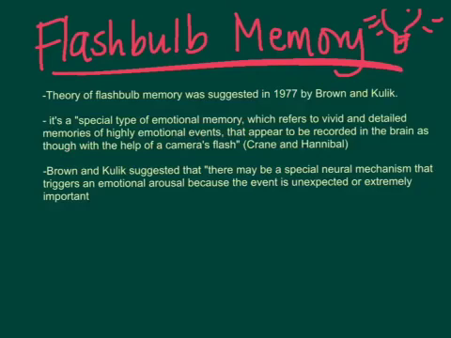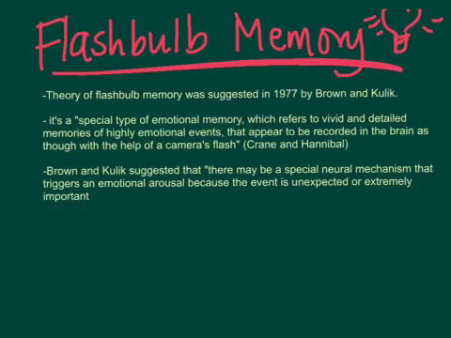And Brown and Kulik suggested when they were presenting their research that maybe there's a special neural mechanism that triggers an emotional arousal because an event is unexpected or extremely important. So when something really unexpected or extremely important happens, something triggers in your brain and you become very emotionally aroused and you tend to remember it better.